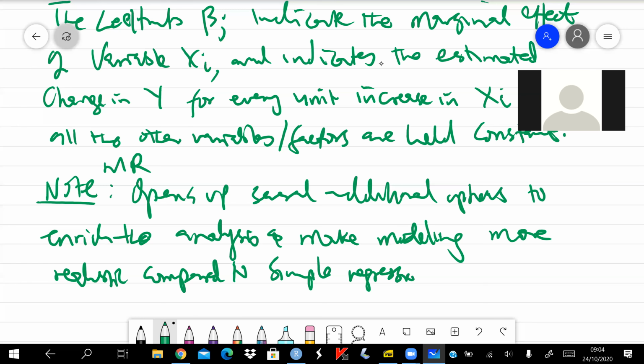If you remember in our previous class, we attempted to predict the wages using only educational level, or the number of years spent in education. And as you saw, even from the R squared that we obtained from that regression, it was very small. We were just getting around 16% of the variation in the wages as explained by the number of years in education, as far as the data that we're using is concerned.